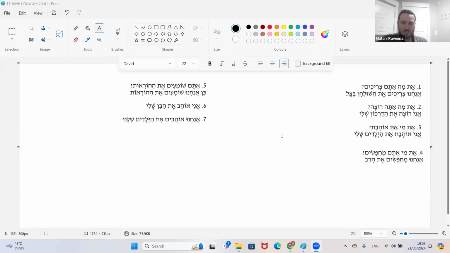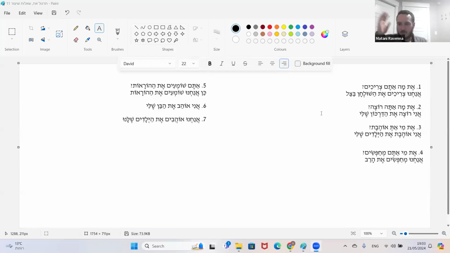I guess Zoom has glitches. So if anyone can't see the screen, let me know. Usually when I stop sharing and then reshare, it works.